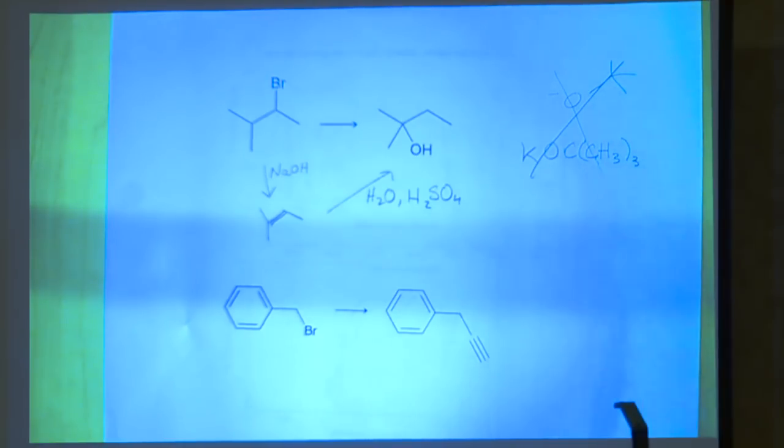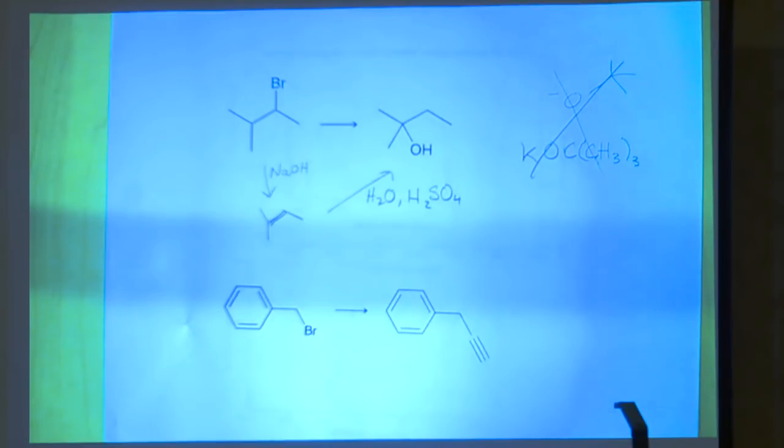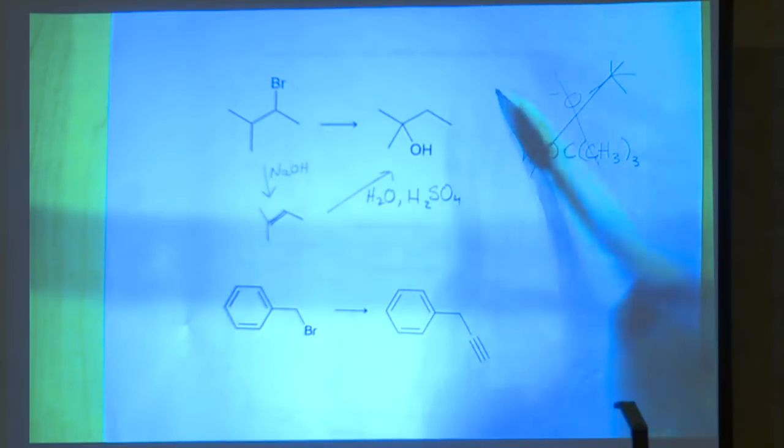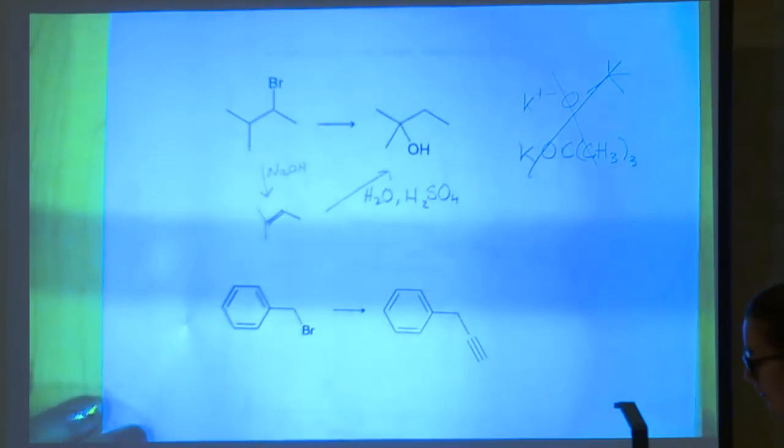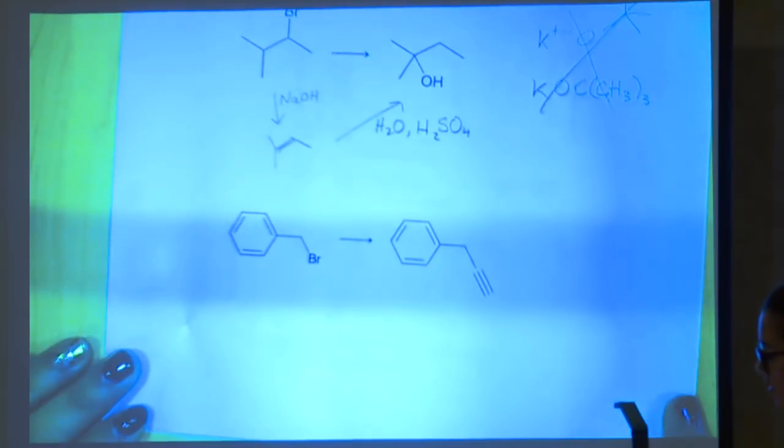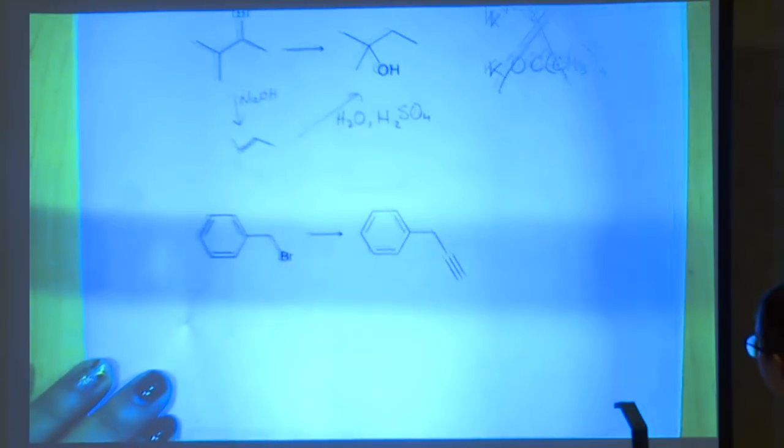Just draw it out if you're ever confused, because that's a tert-butyl. And that's an oxide when it has the K here. Okay? Yeah, no problem. Okay, so let's go ahead and do this one.